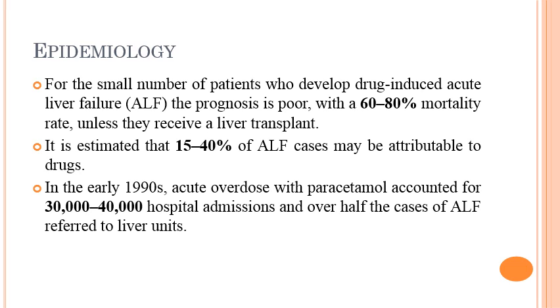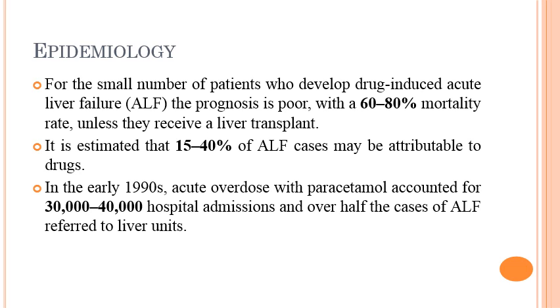If this determination is very poor, the treatment cannot be properly carried out. Because of this, for people going through acute liver failure, the mortality rate is about 60 to 80% until the patient has a liver transplant.